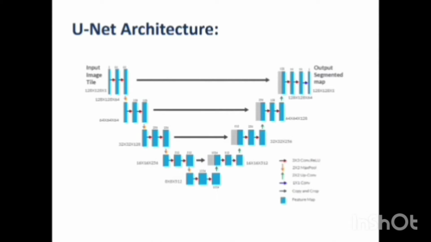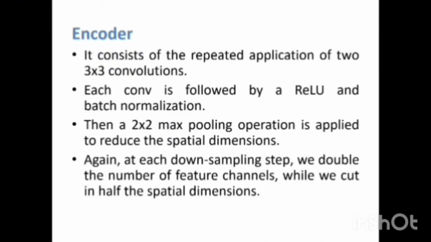In the encoder part, an input image is taken and two 3x3 convolutions are applied over it, and each convolution is followed by a ReLU and batch normalization. Then a 2x2 max pooling operation is applied to reduce the spatial dimensions. Again, at each downsampling step, we double the number of feature channels while we cut in half the spatial dimensions.